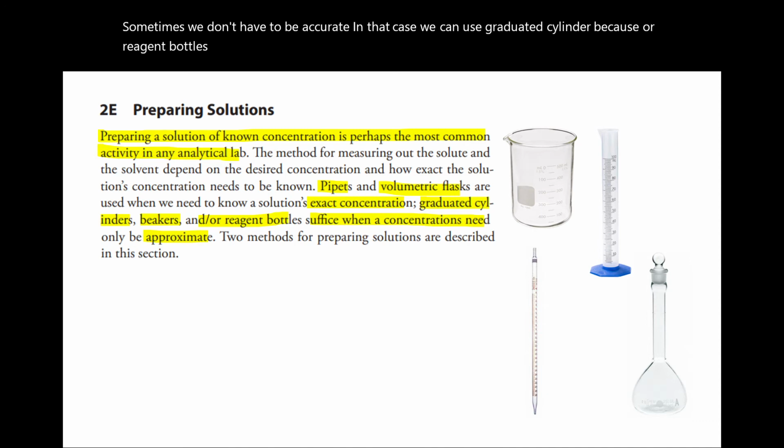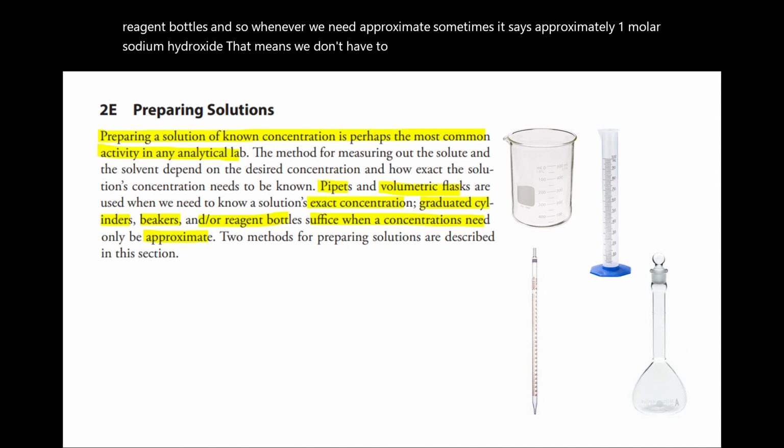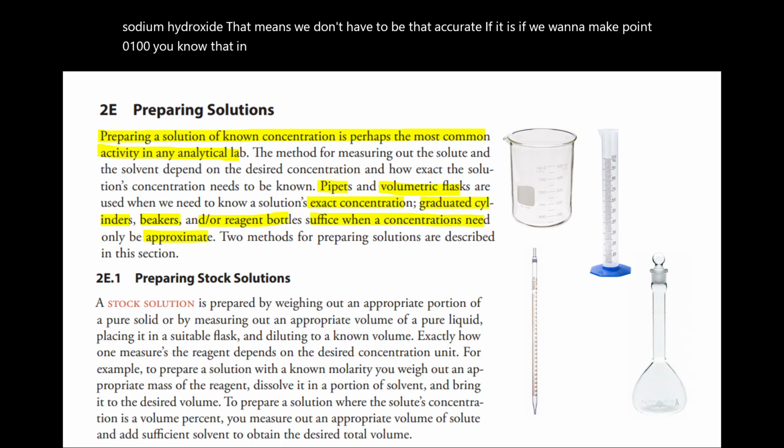Whenever we need an approximate concentration, sometimes it says approximately 0.1 molar sodium hydroxide. That means we don't have to be that accurate. If we want to make 0.0100, in that case we have to be really accurate.